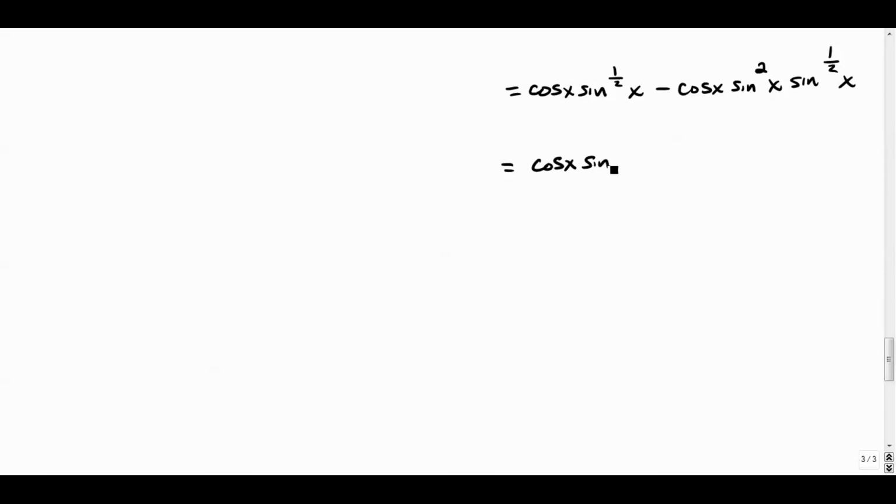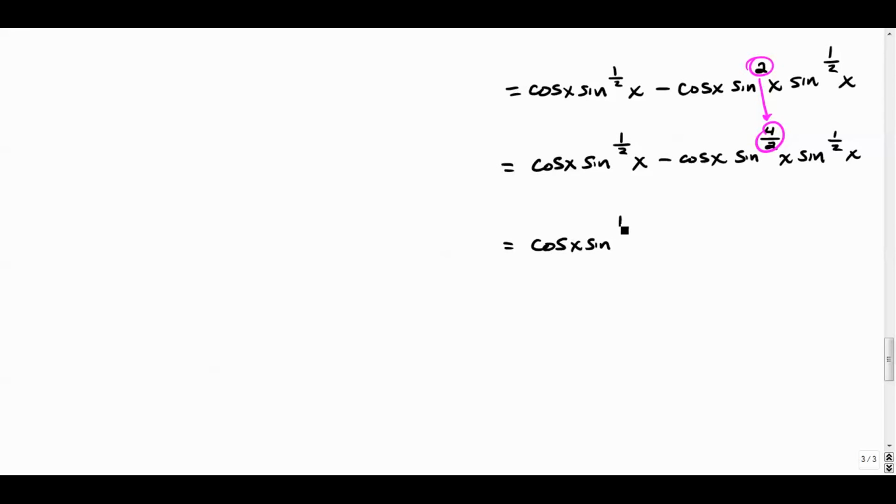Cosine x sine 1/2 x minus cosine x sine 4 over 2 x sine 1/2 x. So right there I just simply changed 2 to 4 over 2. I did that so I can get common denominators. 4 over 2, and I'm going to add that to 1 over 2.